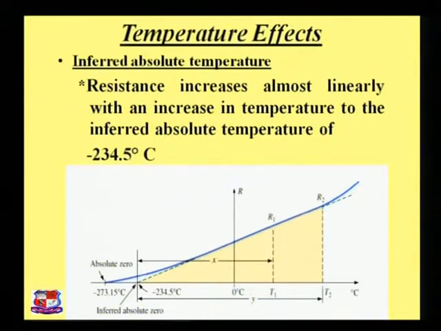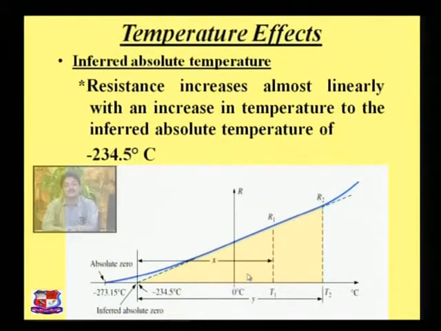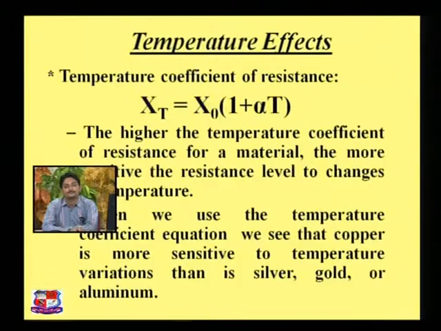Here we get the linearity at the point of inferred absolute temperature, minus 234.5 degrees Celsius. So you can take the relation between the resistance levels, R1, R2, R3 up to Rn, with respect to the temperature. As per that observation, the resistance level changes as the temperature changes.